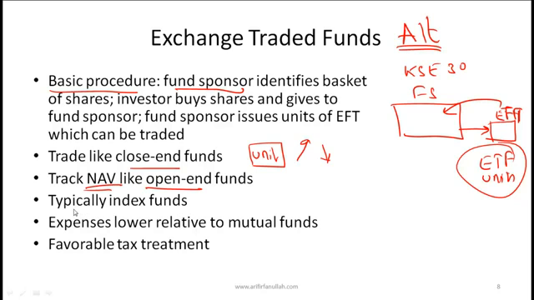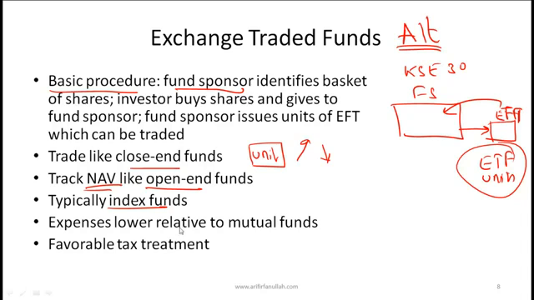While not always, typically exchange traded funds are based on an index. So that's why they are called exchange traded funds. Lately, however, several new innovations have been introduced, but from our CFA level 1 perspective, I think it's fair to say that most exchange traded funds are like index funds.